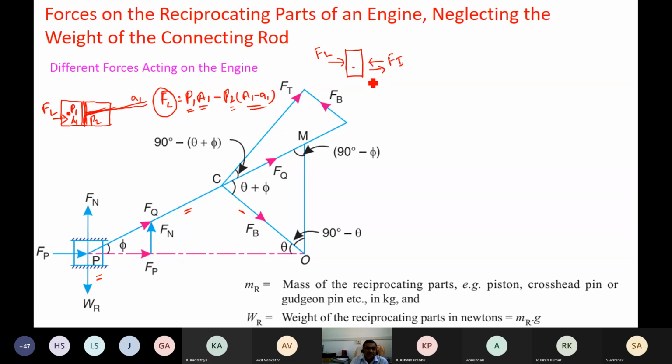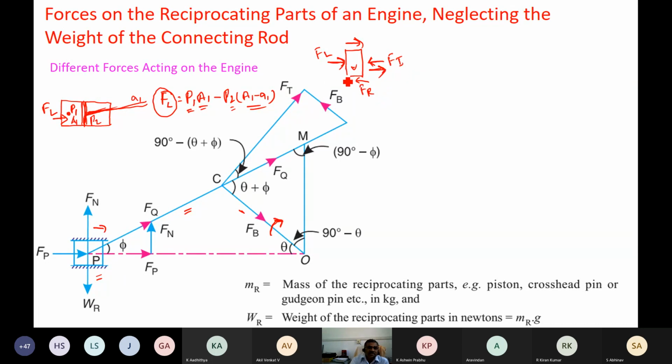The crank is rotating in this direction. When the crank is rotating in this direction, piston will be moving towards right. So the gas force is acting towards right. The body is accelerating. When it is accelerating, inertia force will be acting opposite to that. But if it is decelerating, it will be acting along the direction. Sometimes the body is moving, there will be friction. Frictional force also will be acting.